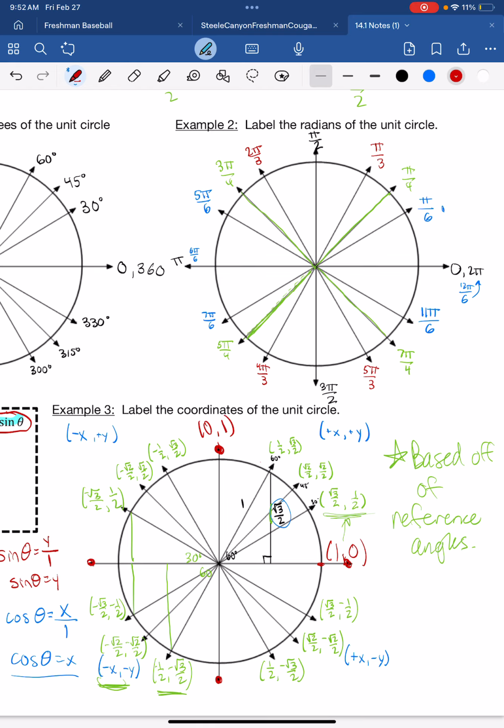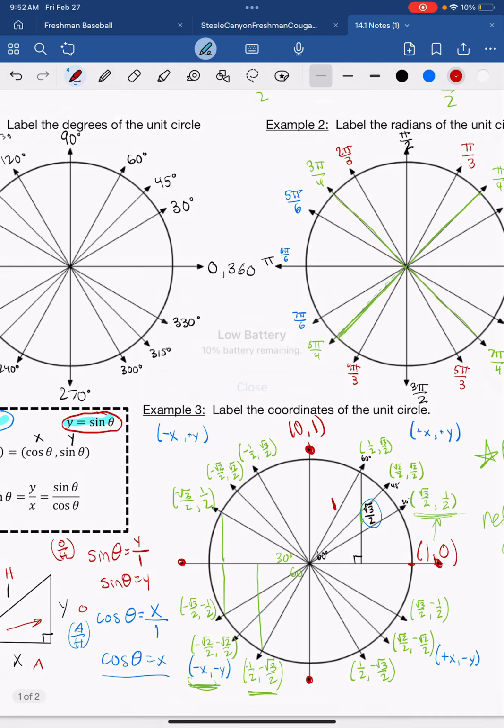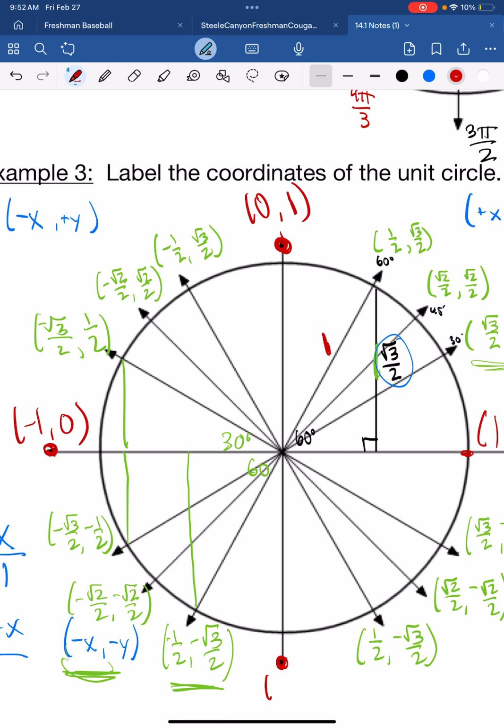And the reason it's 1 is because if you think about it, our radius right here is always 1, because the distance to the outside of the circle, your radius is 1, okay? This one over here, you'd end up with -1 comma 0, and then you might have figured this last one out down here. You got 0 comma -1 there, okay?